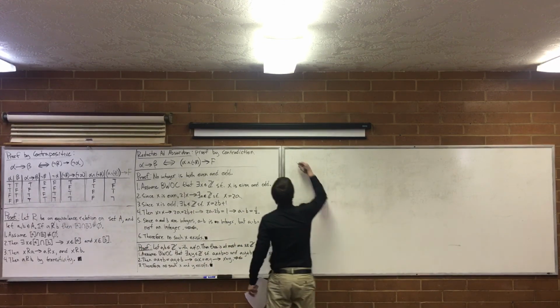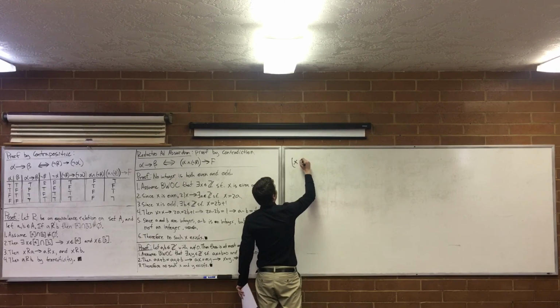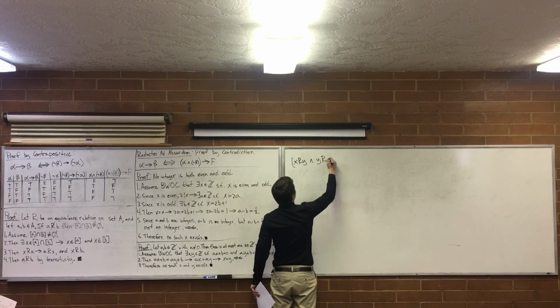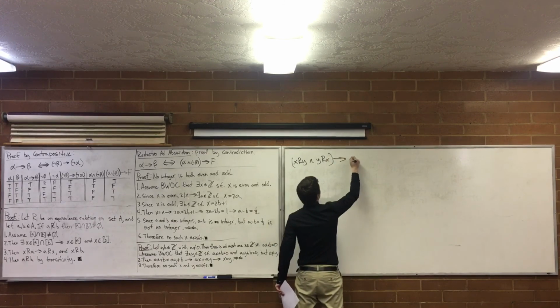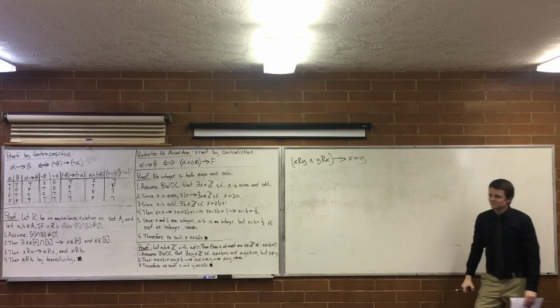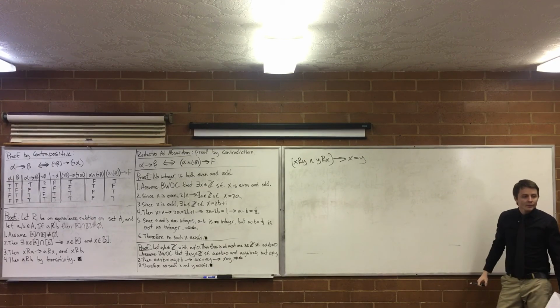Antisymmetric is x related to y and y related to x implies x equals y. Yes, I have a question.